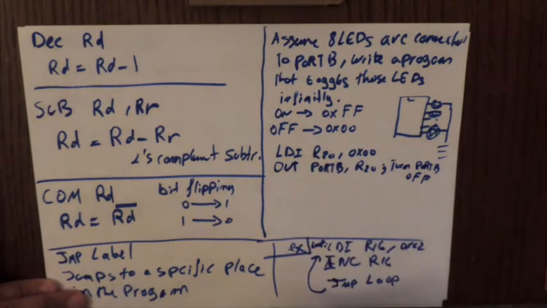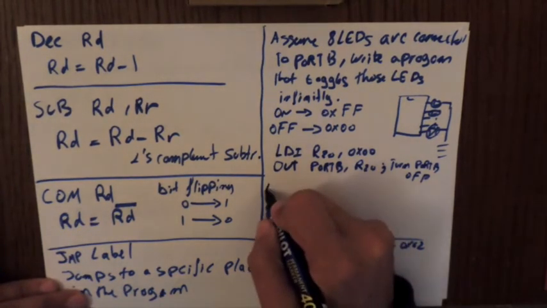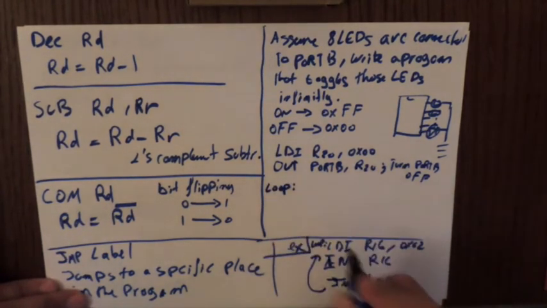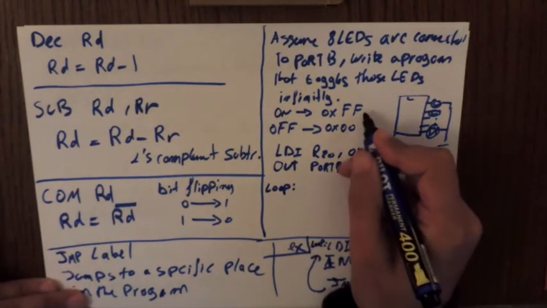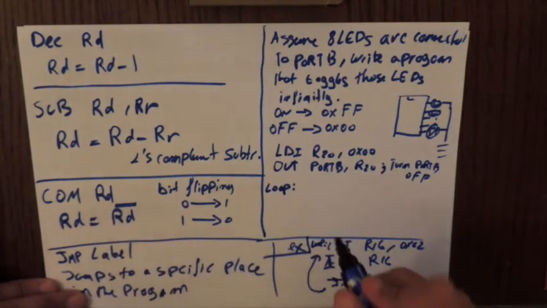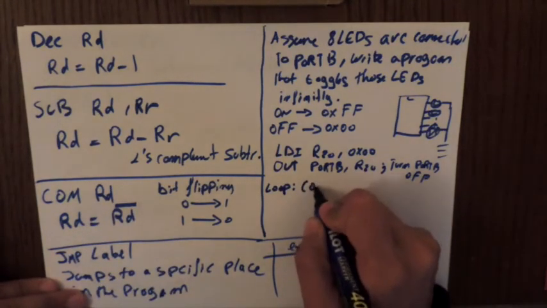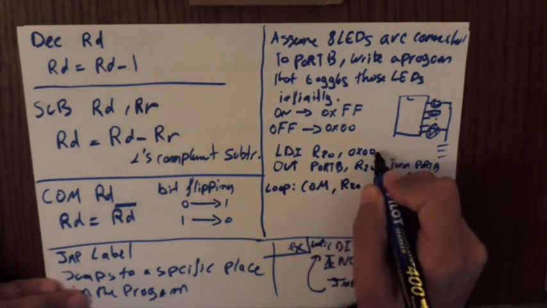Now I want to do something that's going for infinity. So now I have a loop. I'm gonna use the jump instruction. So I'm gonna write, this is the loop. How will I turn 0 to FF? I can use the complement bit flipping instruction. So what I do is complement R20, which has 0 now.